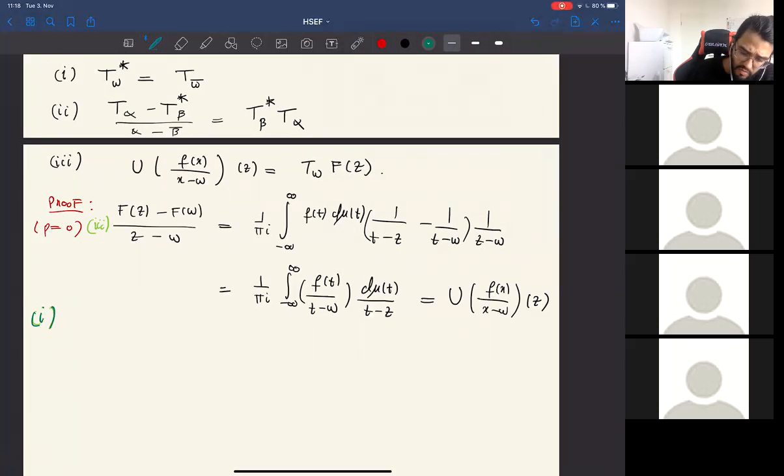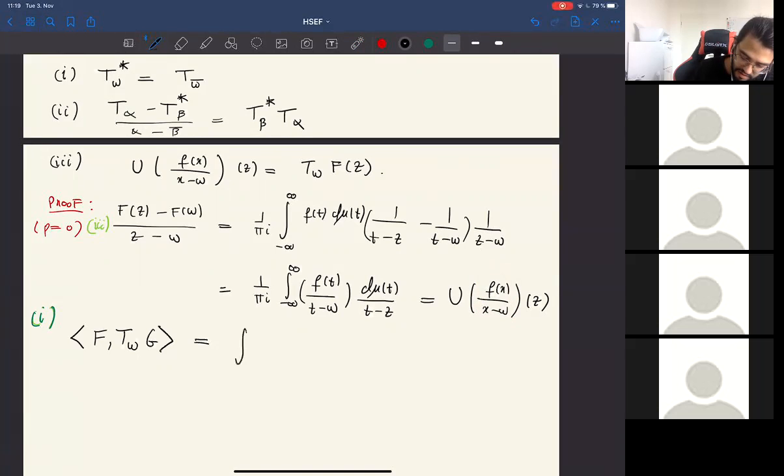Yes, so how can we prove that? Well, that's also pretty simple, because we'll just take an inner product. So what is the inner product of f with TW g? Well, by definition, you just go back to L2 of mu and do the inner product there. And now I know that TW g is just U of this guy, so I know what function I have to go back to L2 of mu and do this inner product.